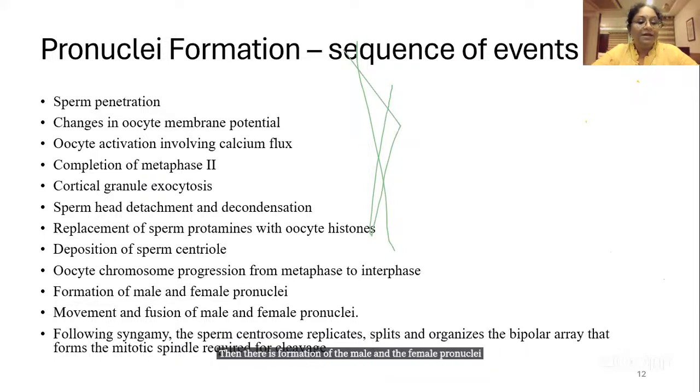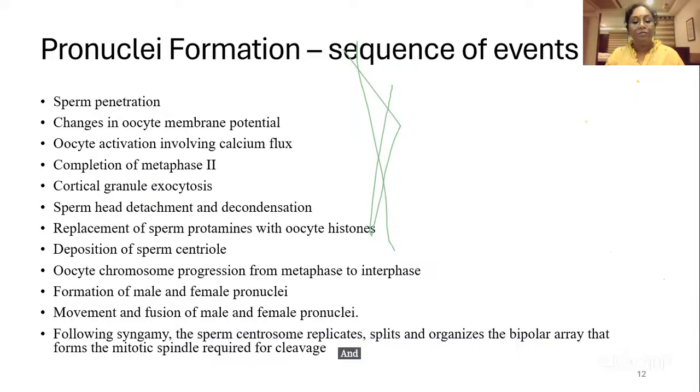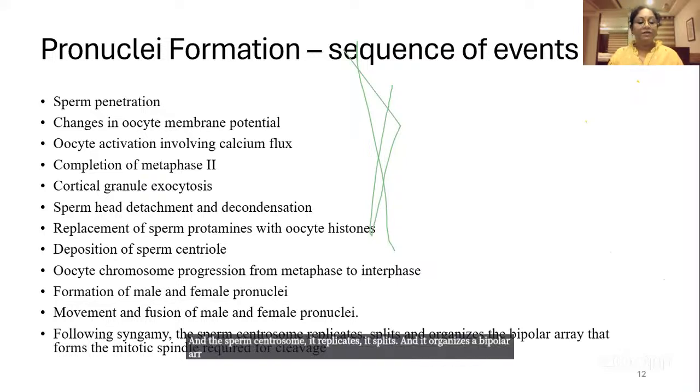Movement and fusion of the male and female pronuclei happens because of the centrosome. The sperm centrosome replicates, splits, and organizes a bipolar array that forms the mitotic spindle, which ensures that proper cleavage happens after this process.